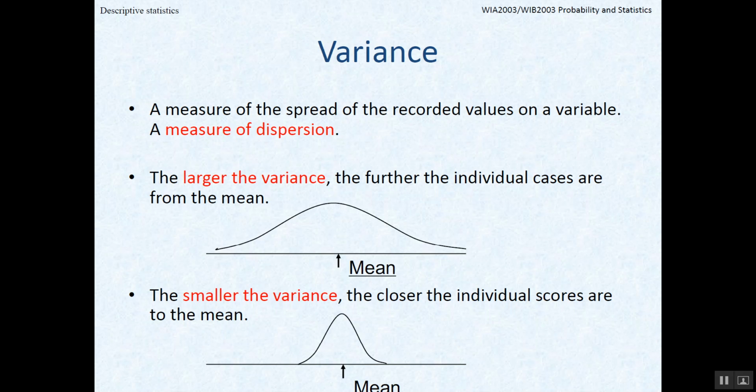But in class B, the CGPA average is also 3.0, but the variance is very low. That means the variance is small. This gives an idea that most of the students in class B are performing very similarly in terms of academic performance.